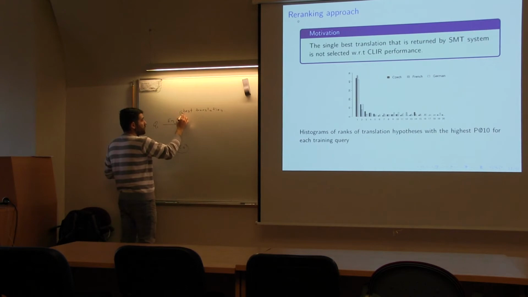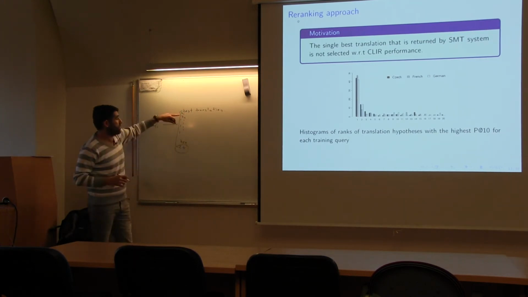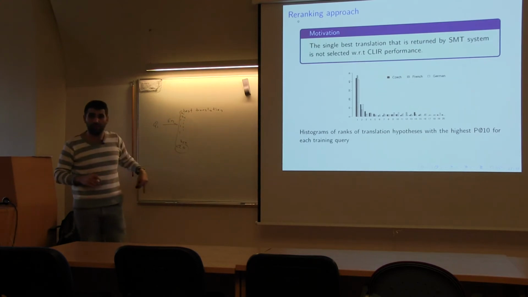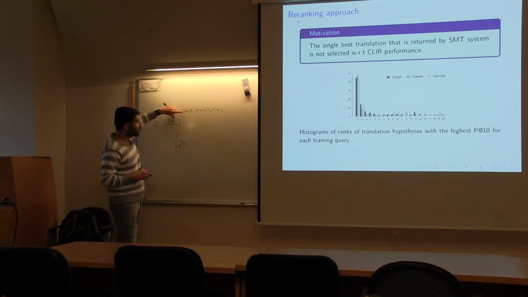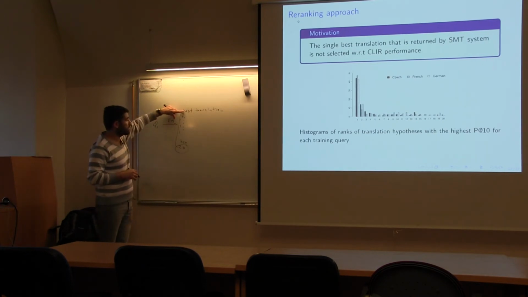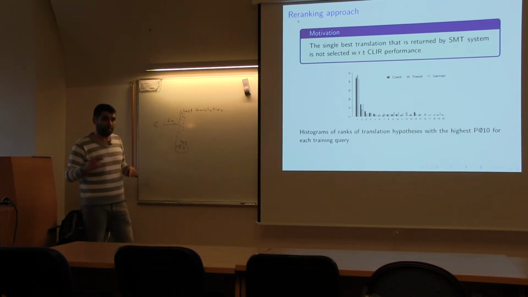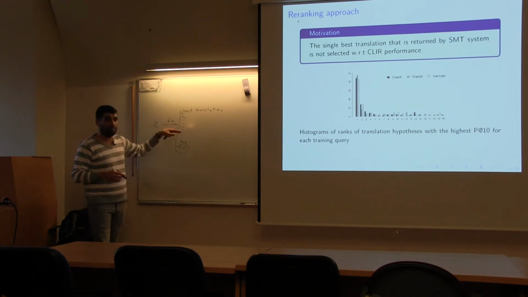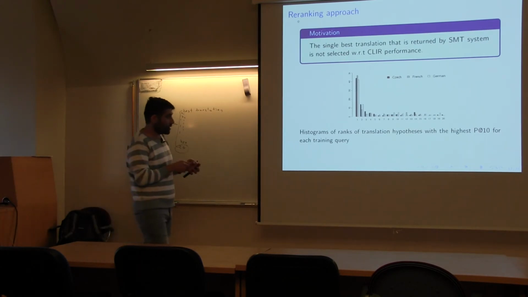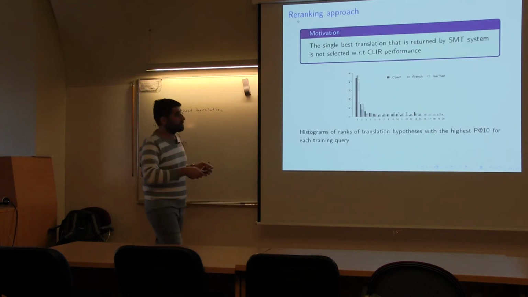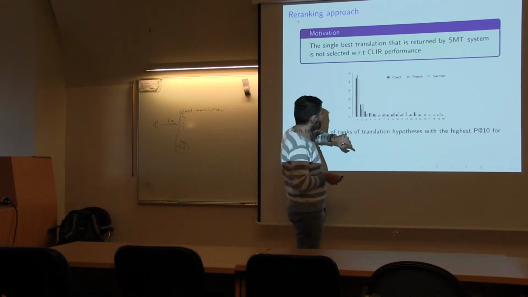Let's say hypothesis 1, hypothesis 2, up to hypothesis 20. Then we use each one of these hypotheses to conduct retrieval. The baseline system uses only the best translation, but we used all of them separately. And for each of them, we conducted retrieval, and then we calculated P at 10. We did that for the training queries and for all languages, Czech, French, and German.